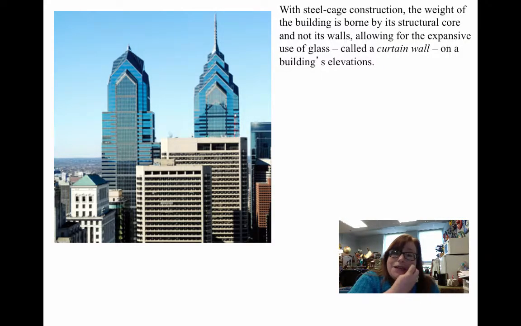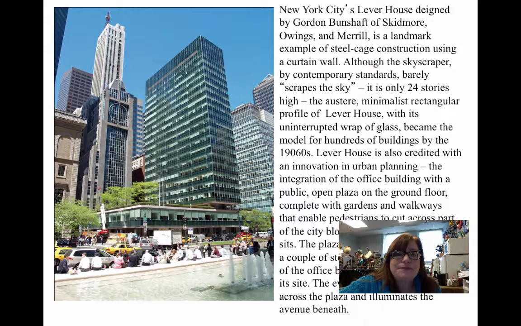So here, this is Liberty Place, which I mentioned before, with some more traditional type buildings around it. Again, they all use that steel cage. And when you see this glass along the side of buildings like this, that's called a curtain wall. And it sort of mirrors back everything around it.